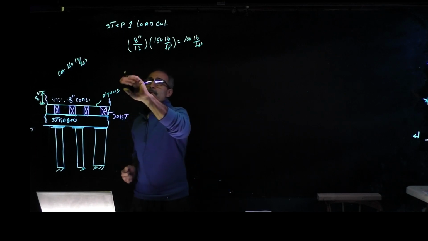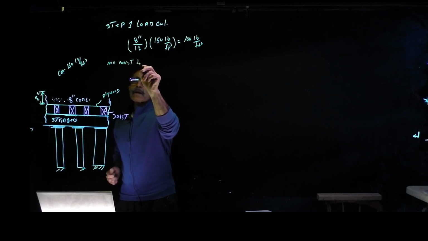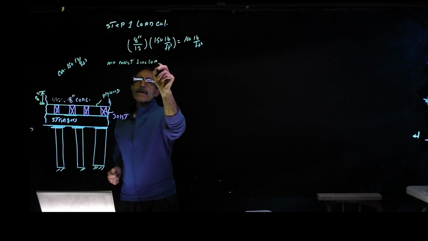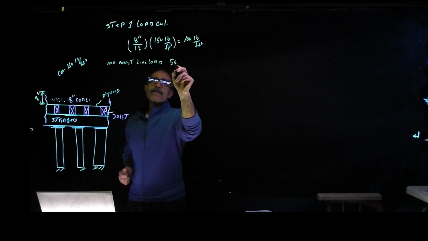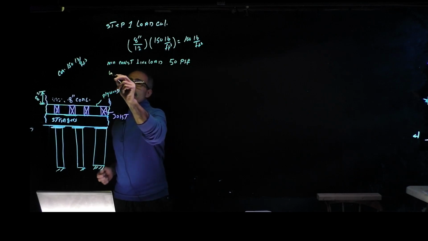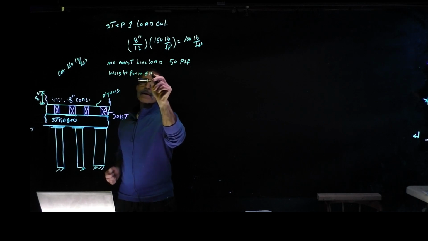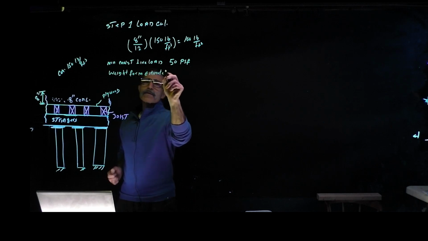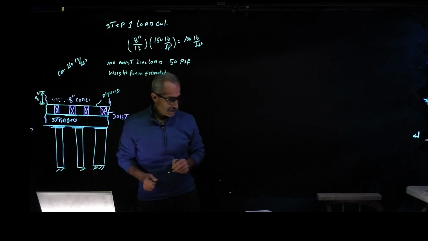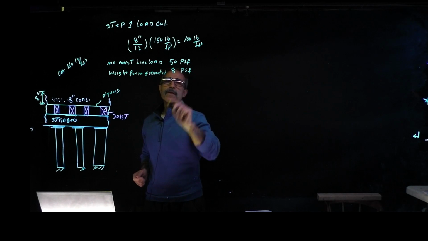Per the code, the minimum construction live load is 50 pounds per square foot, and the weight of the form is estimated at 8 pounds per square foot.